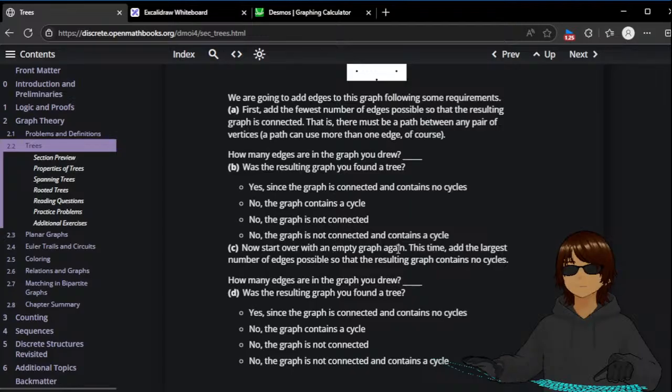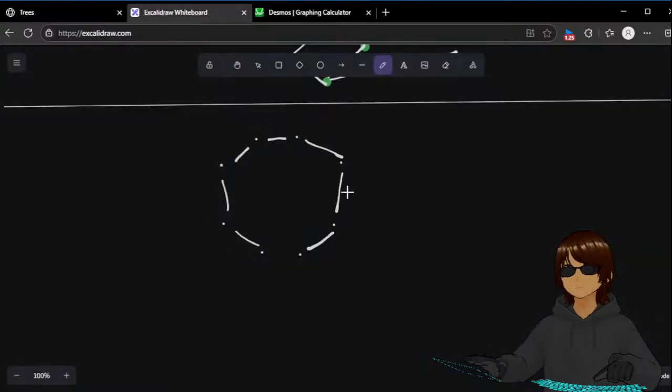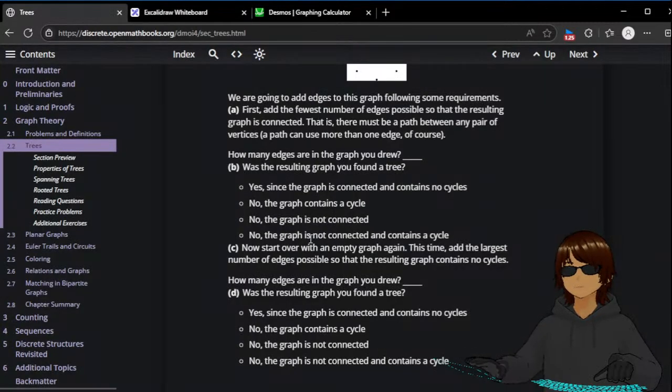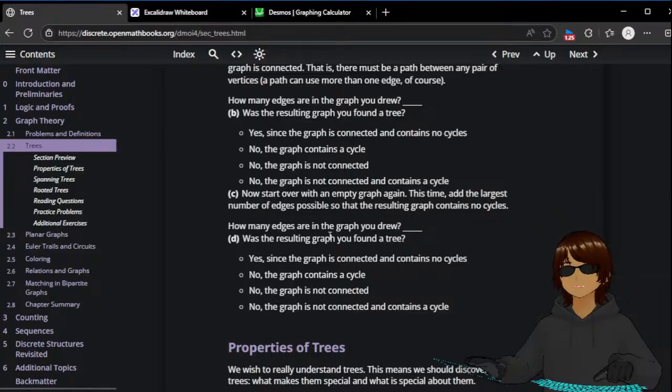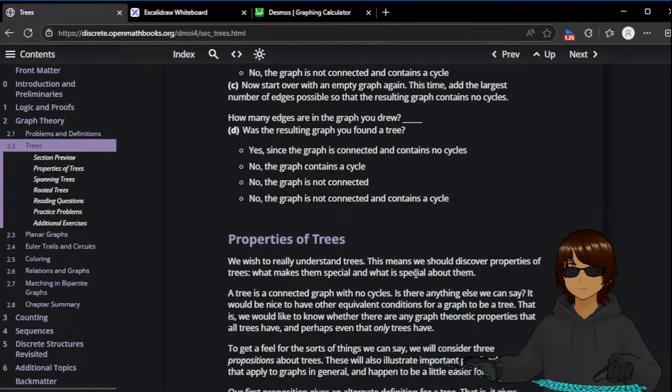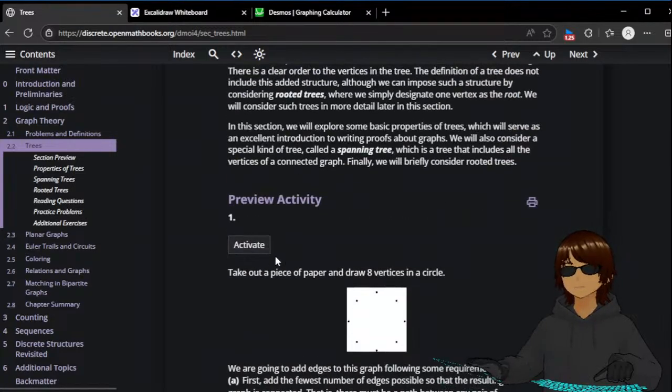Now start over with an empty graph again. This time add the largest number of edges possible so that the resulting graph contains no cycles. It will be the same thing. How many edges are in the graph you drew? But was the resulting graph you found a tree? Yes, since the graph is connected and contains no cycle.